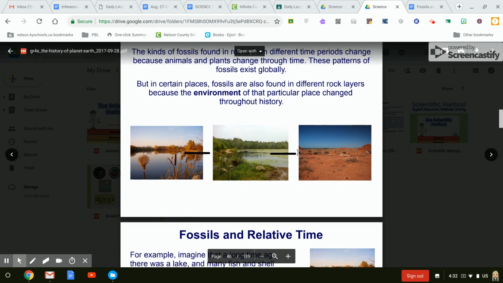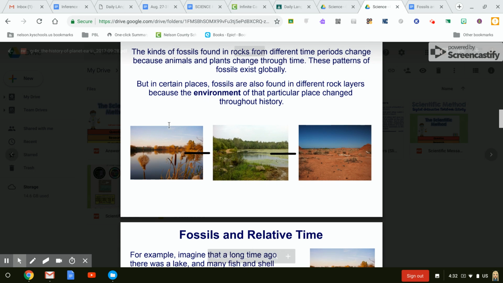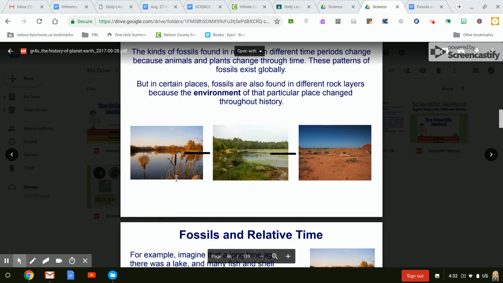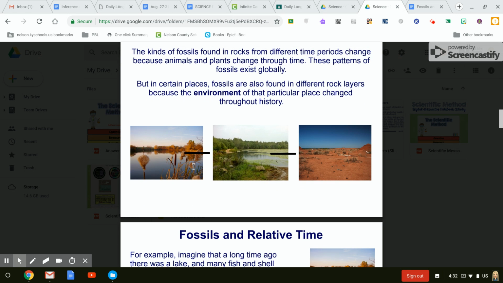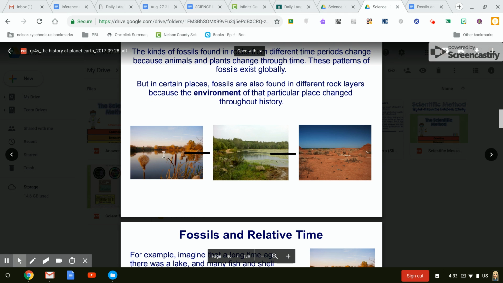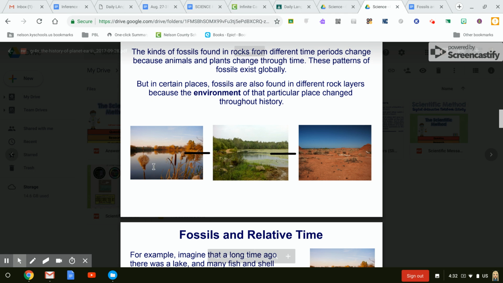You can see here in these pictures, at one time, this area of land was filled with water, and then over time, it gradually became more like a desert and dried out. Obviously, when this picture was taken, we can see a lot of water, and we know that organisms such as fish and other types of organisms that live in water would survive in this environment.